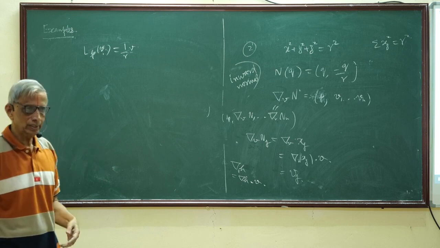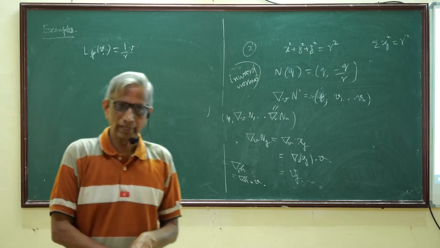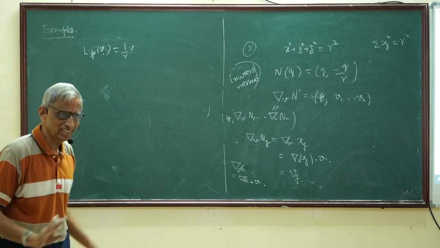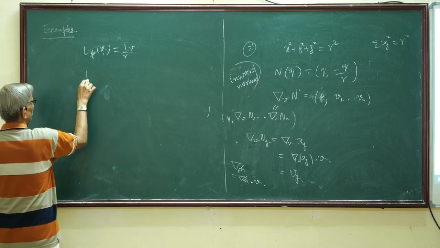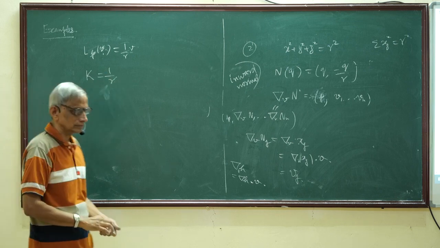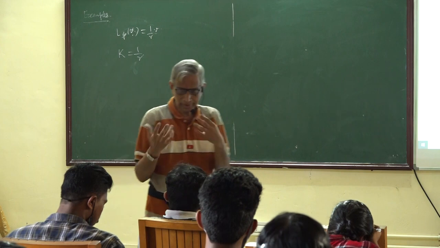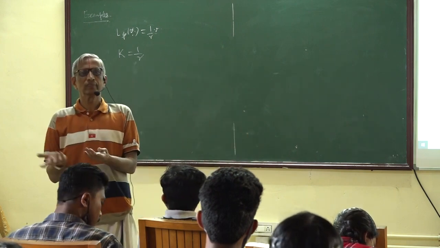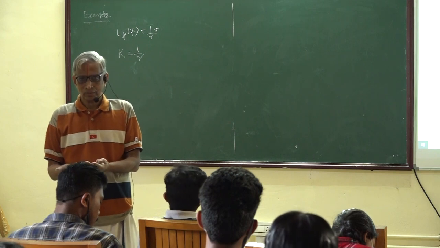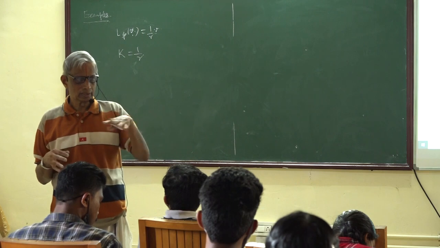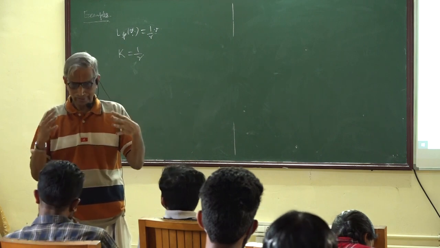So the curvature will be 1 by r, right? Curvature generally means Gaussian curvature. Okay. So the curvature of a sphere is the reciprocal of the radius. So this, in some sense, you see, conforms to our perception.